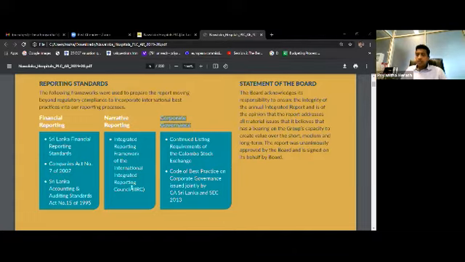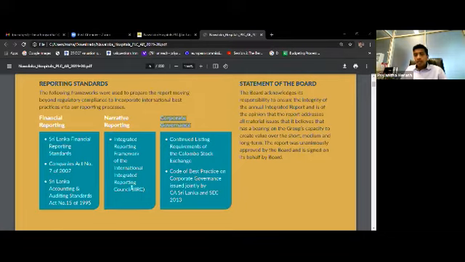Therefore, the Companies Act also guides the preparation of financial statements, right? And one thing is stated capital, and also when you declare dividends, the maximum amount that you can pay as dividend is regulated under the Companies Act, right?